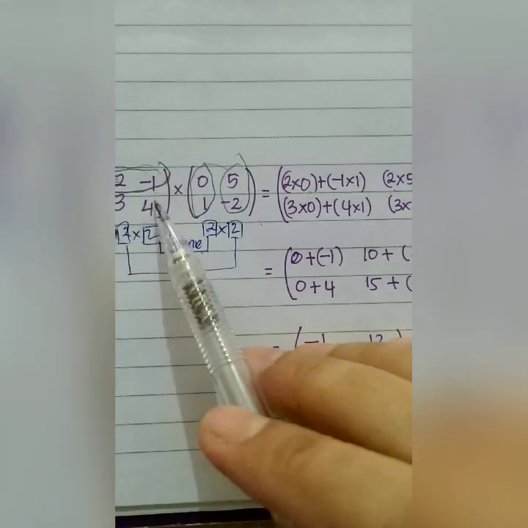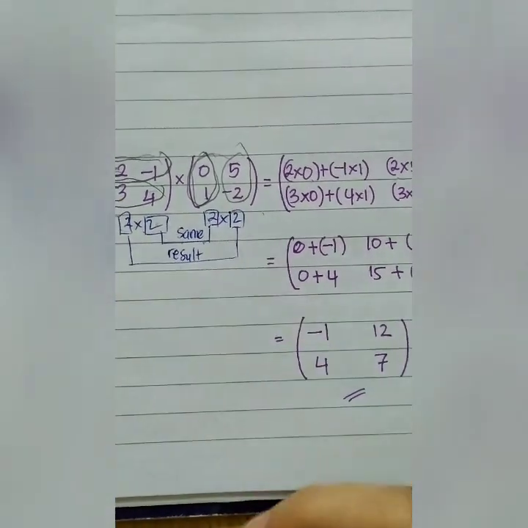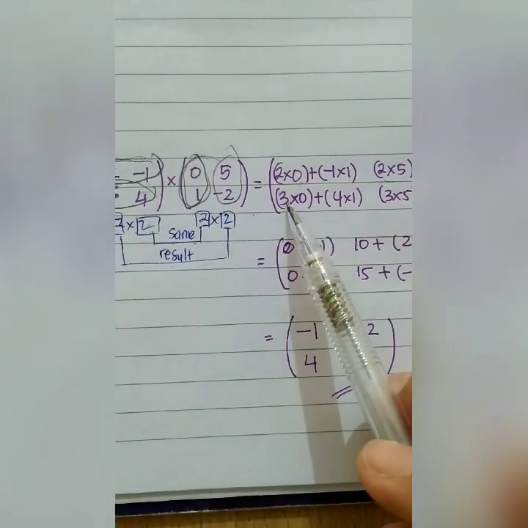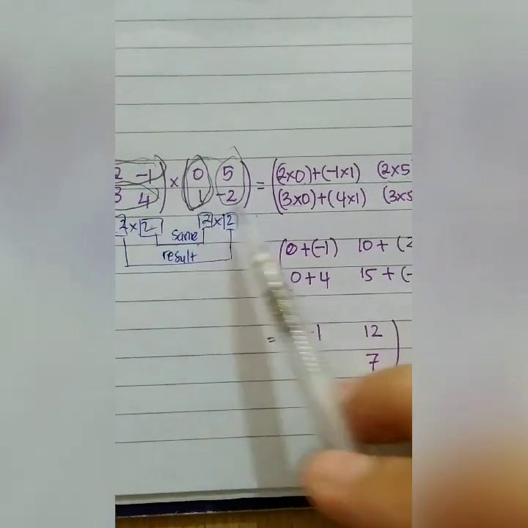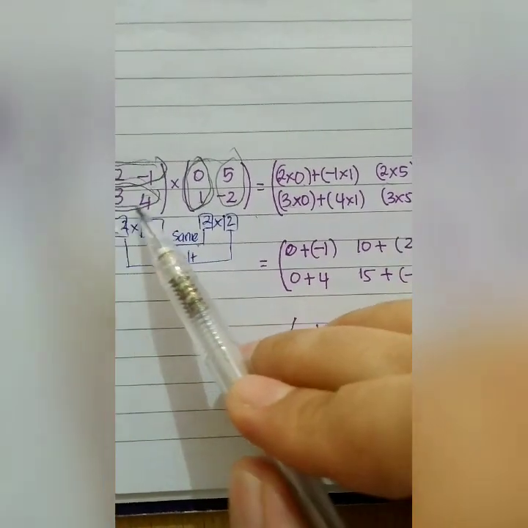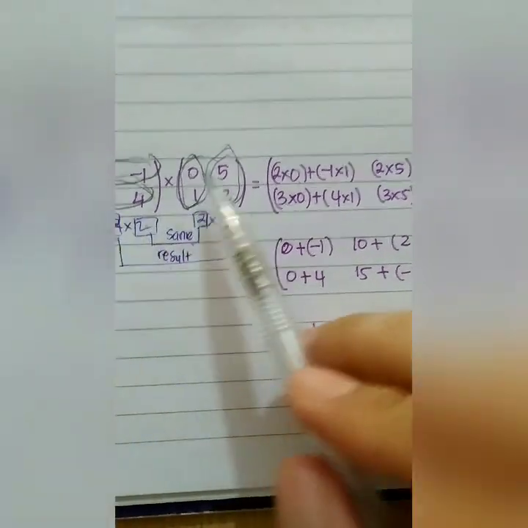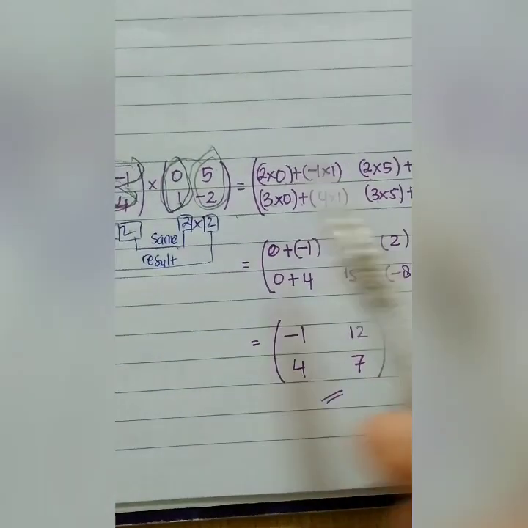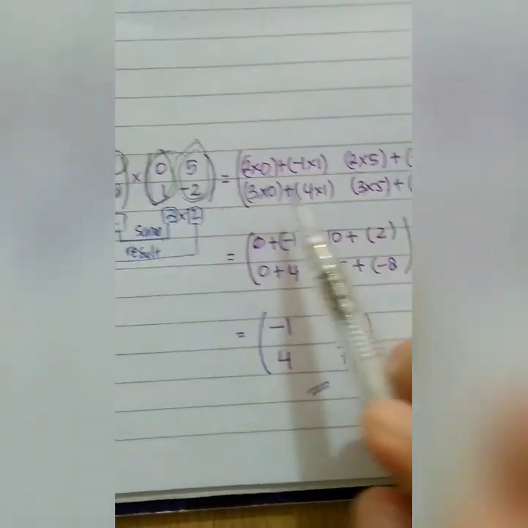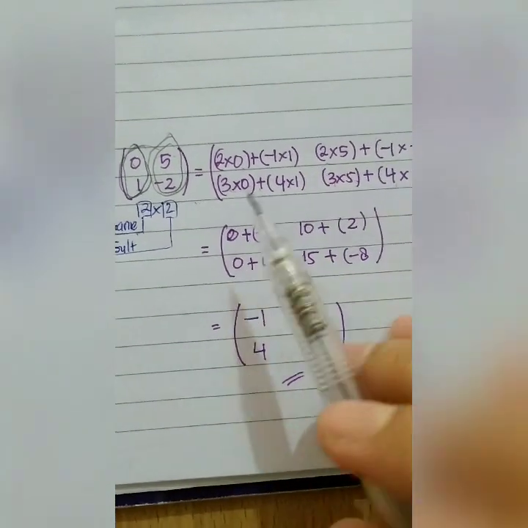Then second row to first column: 3 times 0, 4 times 1. Then second row to second column: 3 times 5, and 4 times negative 1. Now we simplify this.